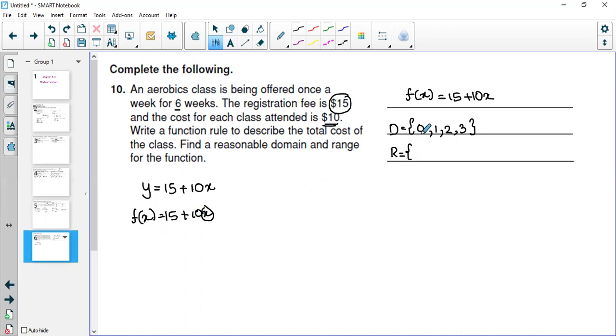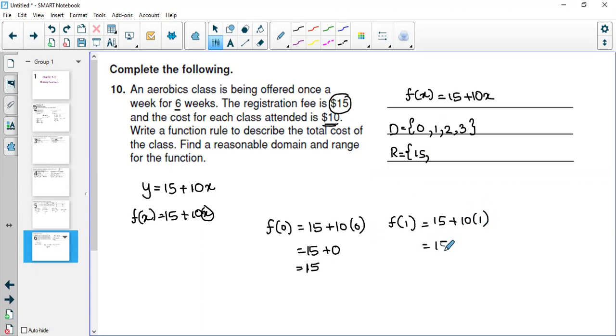So let's see, we are going to replace x with 0. That would give you f of 0 is equal to 15 plus 10 multiplied by 0. So how much is that? 15, right? If you're not going for the class, you only have to pay the registration fee. So that's 15. How about f of 1? That would give you 15 plus 10 multiplied by 1.